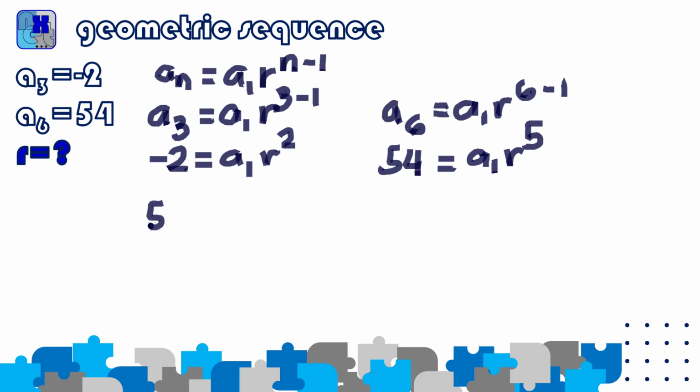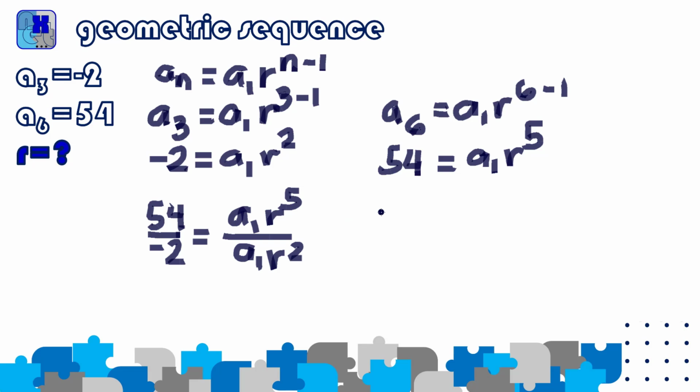So if we are going to divide 54 by -2, we are also dividing the entire equivalent of both numbers. We know that 54 is equal to a sub 1 times r to the power of 5, all over -2, which is also a sub 1 r squared.